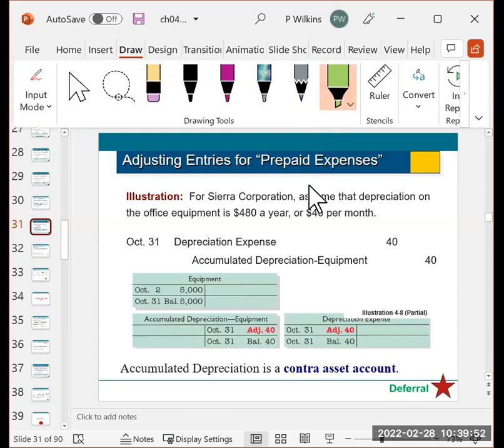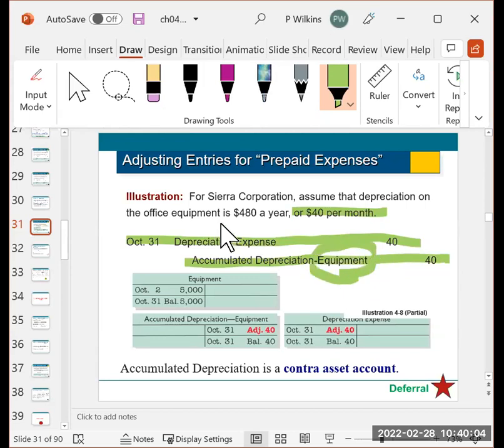So every month, they're going to debit depreciation expense $40, and credit accumulated depreciation equipment $40. And why is it equipment? Because they told you in the problem here, it's equipment.